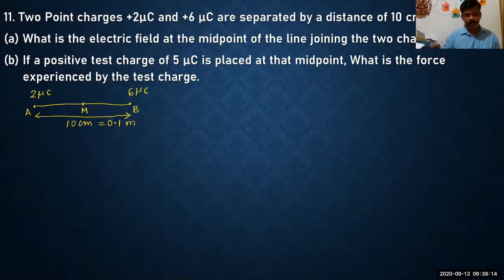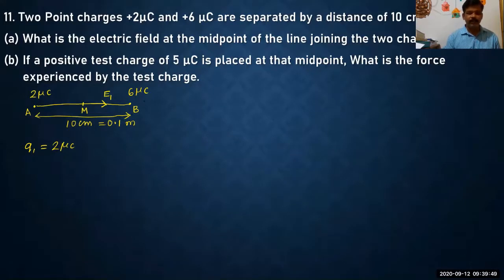So remember my words. And here the direction is also very important. The electric field due to the first charge, Q1, which is 2 microcoulomb, will be away from M. E1 will be away from M, because there will be a repulsive force, and in the direction of the force, the electric field will act.